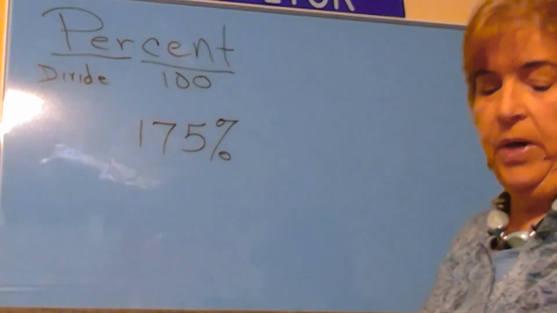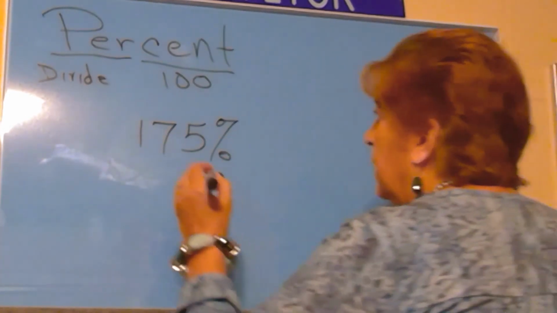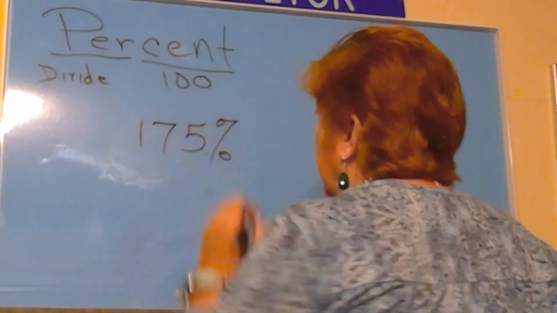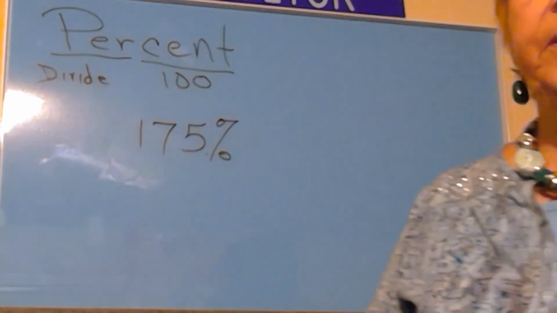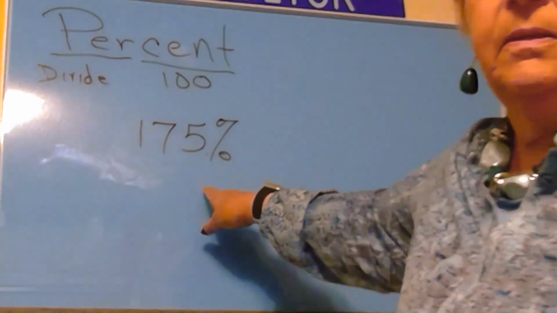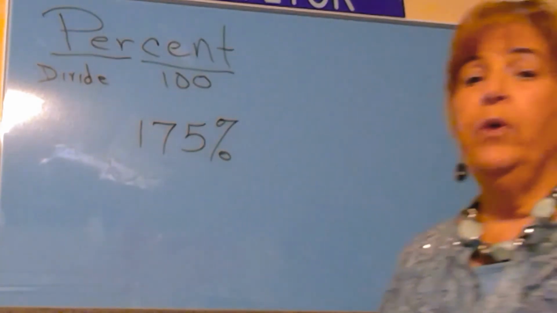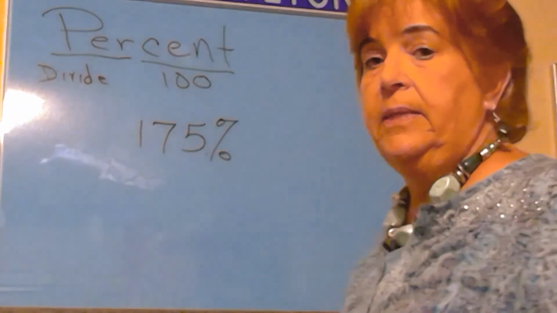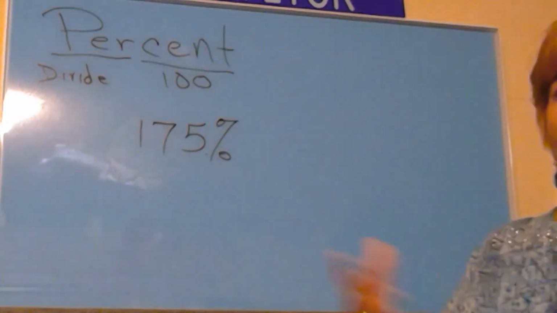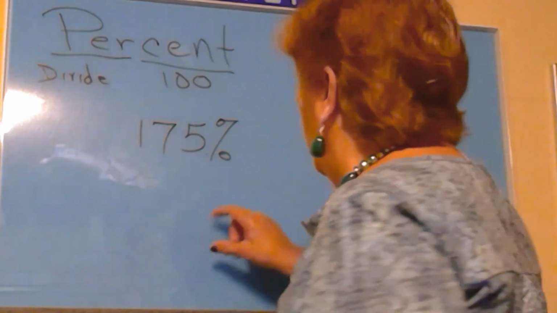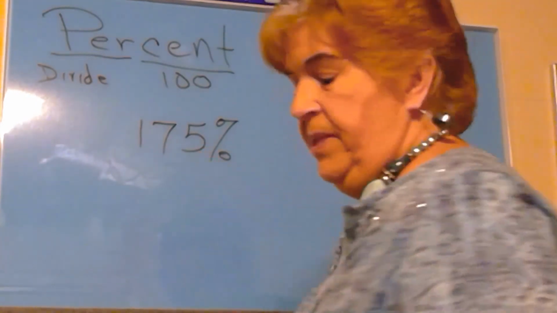To change it to a decimal, again, if you look at this, there's no decimal point, and I don't want you to make a decimal point that looks like that. You might be able to see that it's there, but when I'm grading your papers, I can't tell. I'm older probably than most of you are, so my eyesight might not be that good.